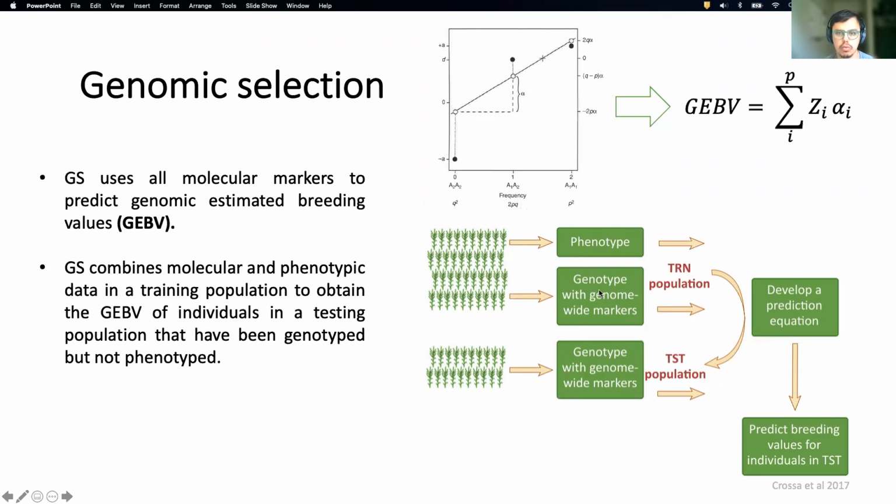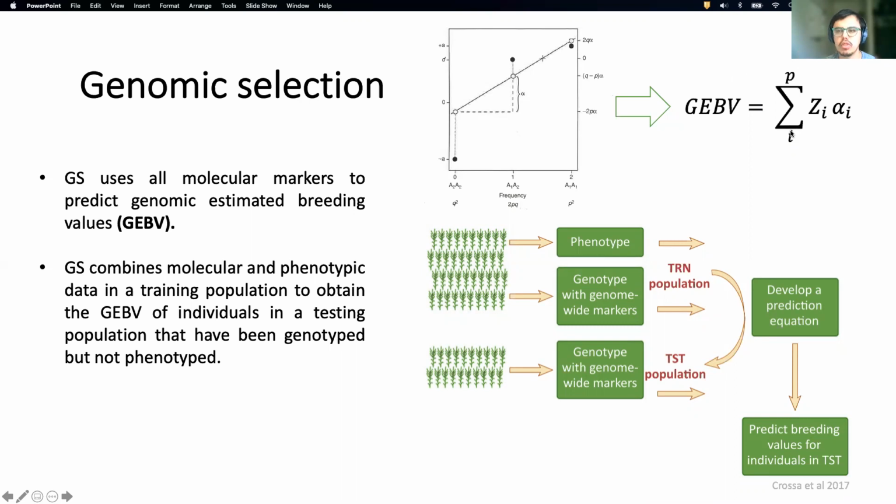You have to have that information to do the linear regression, or if you are using another method, to estimate the allele substitution effect in every single marker. And then with the allele substitution effect of every single marker, you just have to add those effects across all the markers of the sample that you have, and you are going to have the breeding value.